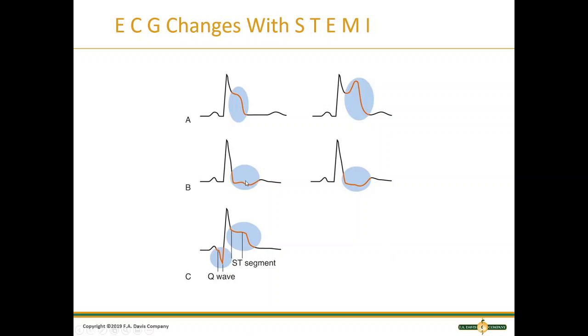Do you see it here? And then there's ST elevation, right? See the Q wave differences? So again, you can see these on page 413. You can study them a little bit more in depth.